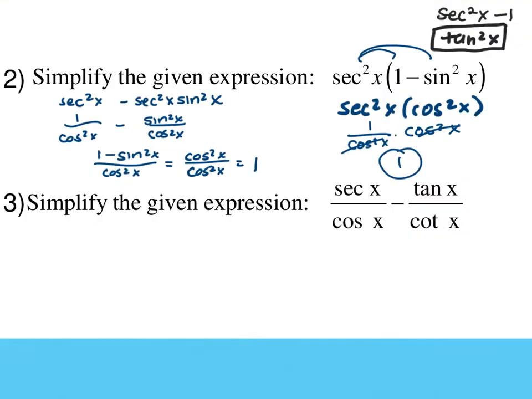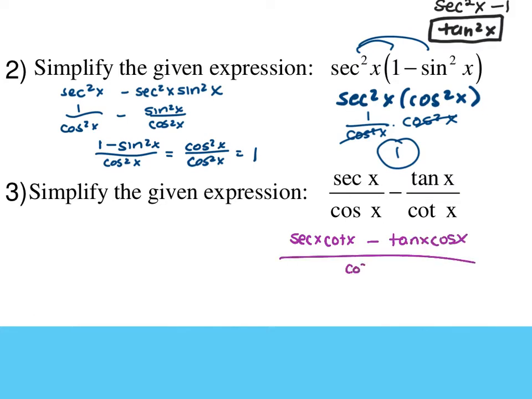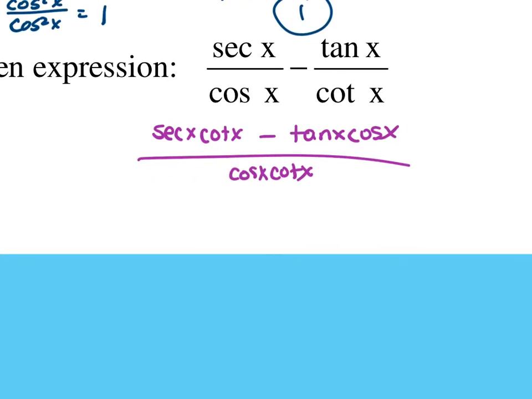Number 3, what's one way to do it? Get the same denominator. So you did secant x times cotangent x minus tangent x times cosine x all over cosine x cotangent x, like that? Yeah. Then where could you go from there?